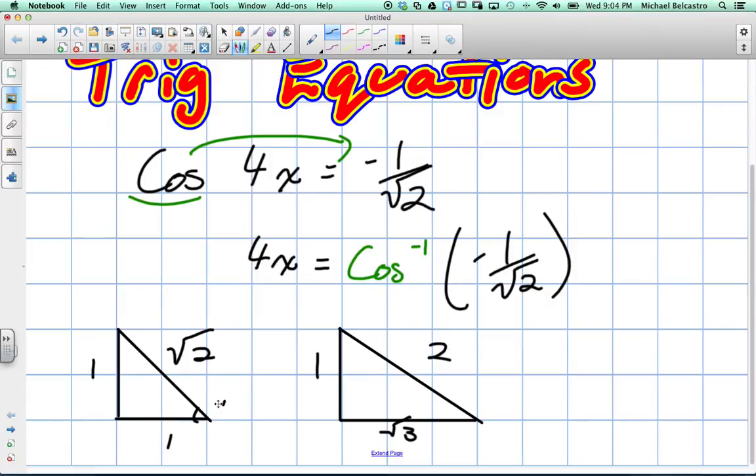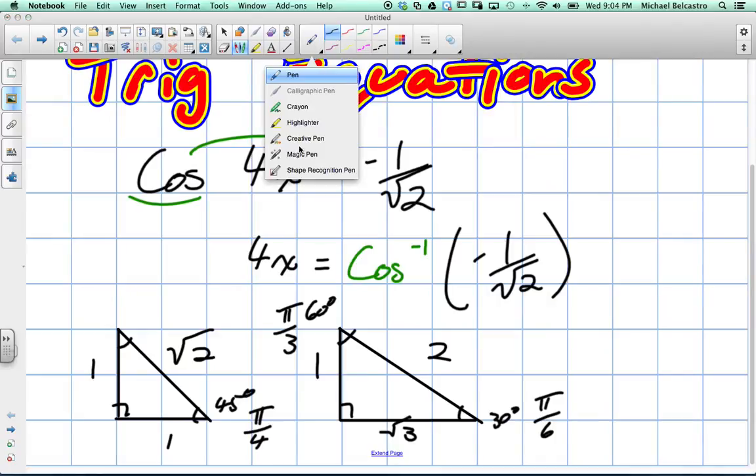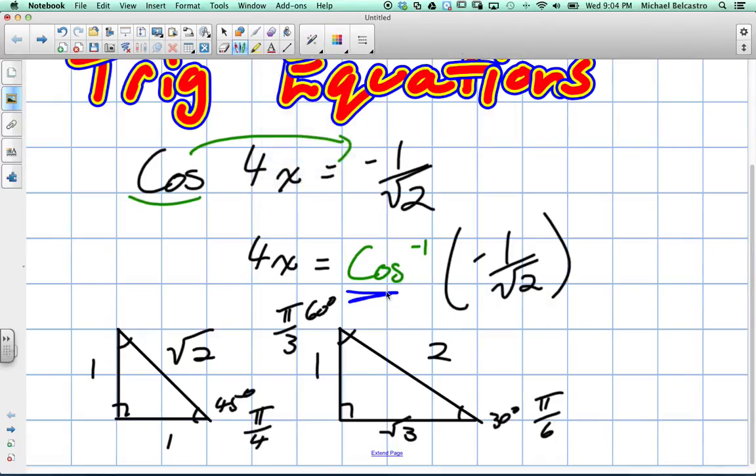These 2 angles are 45 degrees or pi over 4, and in this one, you get 60 degrees and 30, which are pi over 3 and pi over 6.